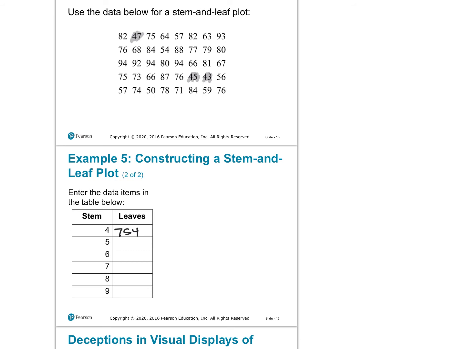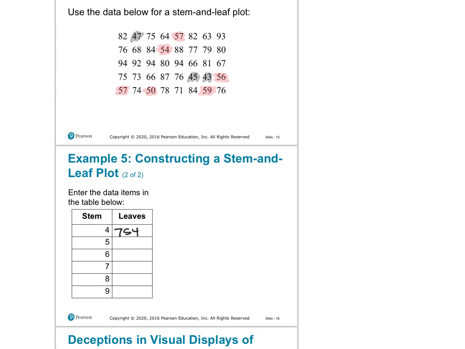So 47, 45, 43. So then 5. So we have 57, 54, 56, 7, 50, and 59.